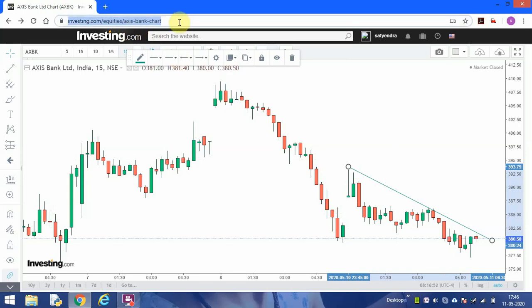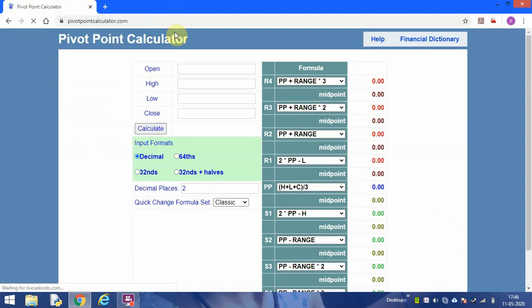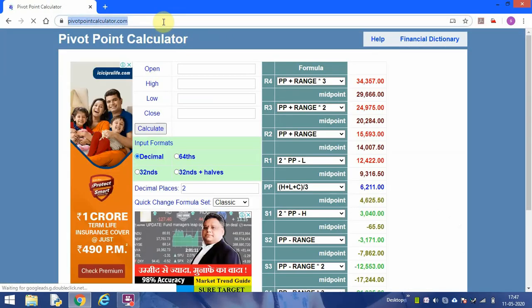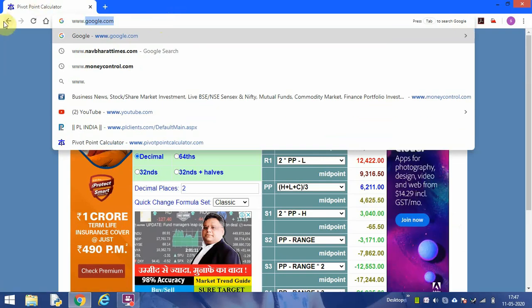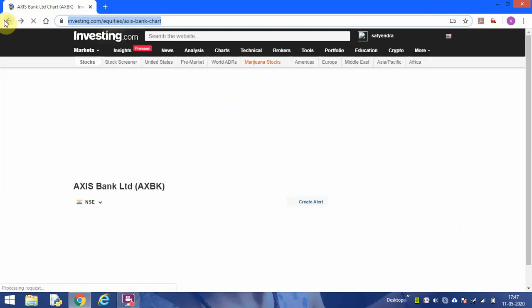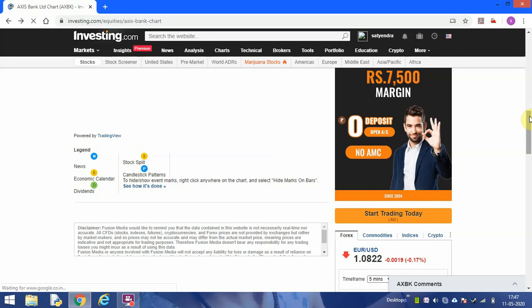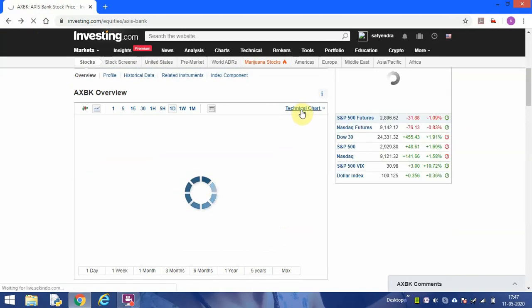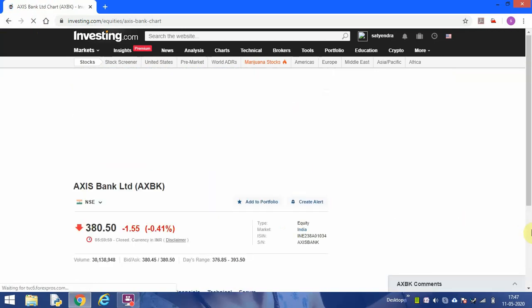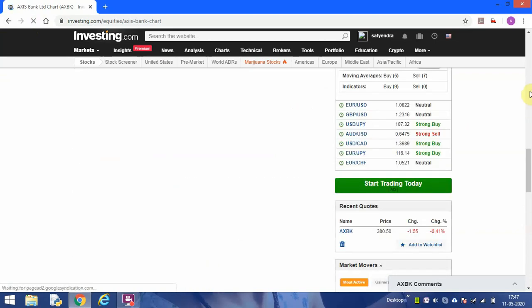But you have to enter at the right point. I already told you about the pivot point calculator. You must have this data. You go into Axis Bank, and from the daily chart you can note down the daily open, high, low, close values.